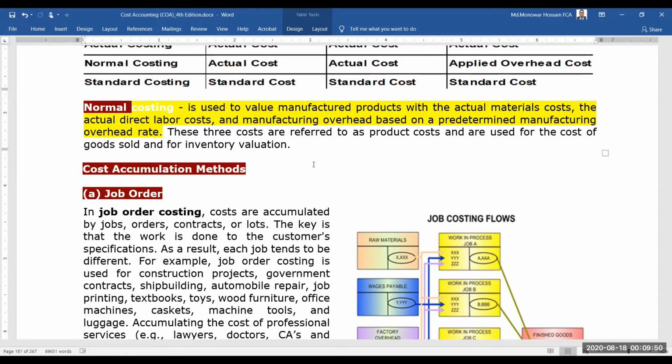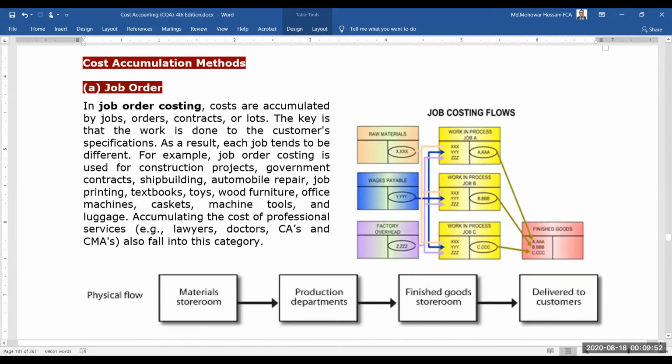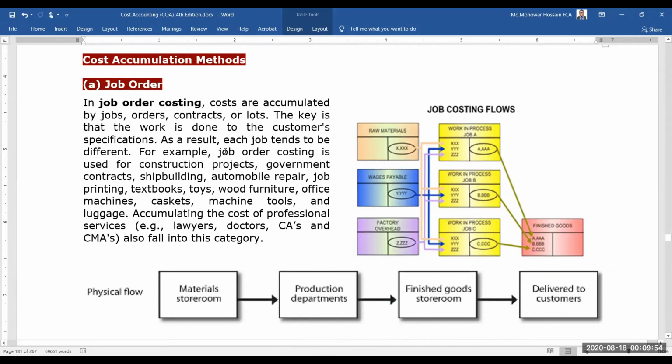Now, for the cost accumulation method, we say here job order. We will discuss job order costing in our next module, but in brief, in job order costing, costs are accumulated by job, order, contract, or lots.